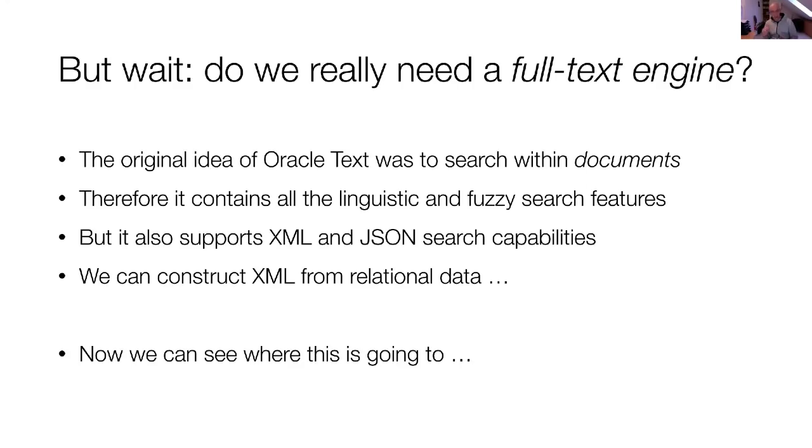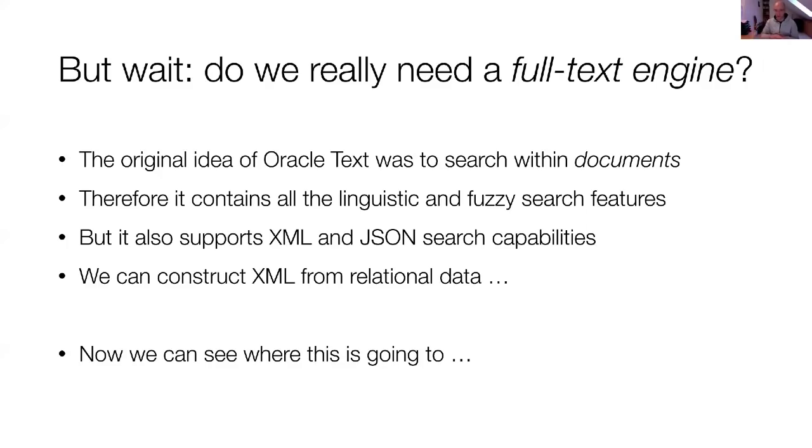Now you can think, what if we construct an XML document from our relational data and treat it as a document? You might see where this is going. The only thing which is a bit ugly is, do we really have to construct XML and materialize XML in a separate table? I give you the answer right now: no, you don't have to. Oracle Text even allows creating these XML documents on the fly during indexing.